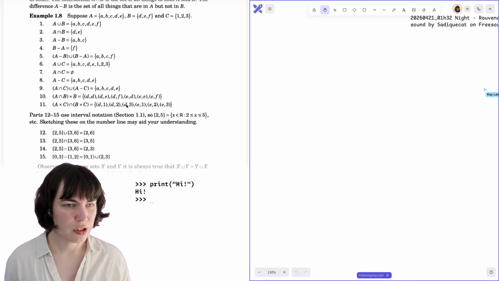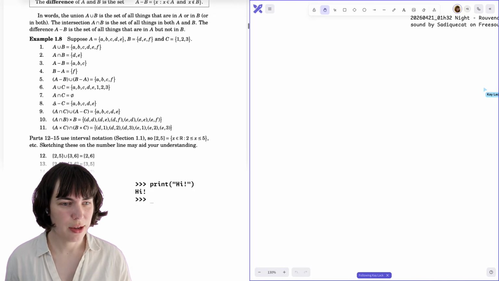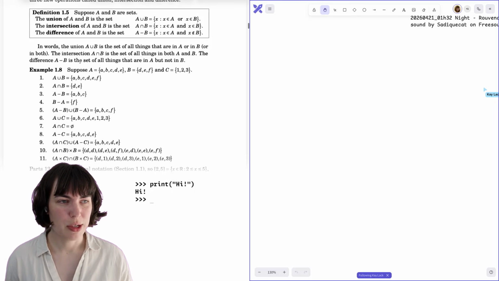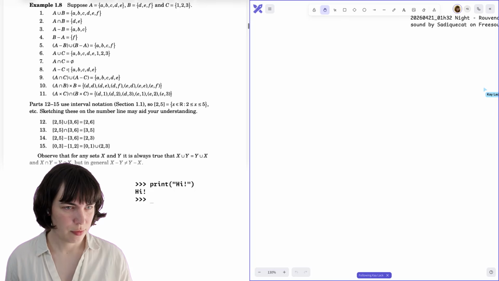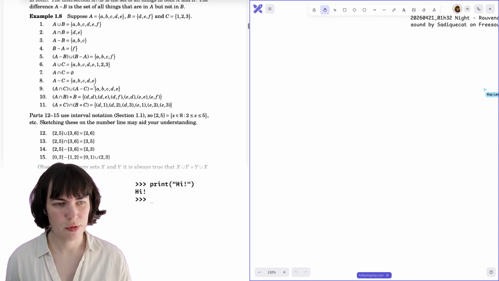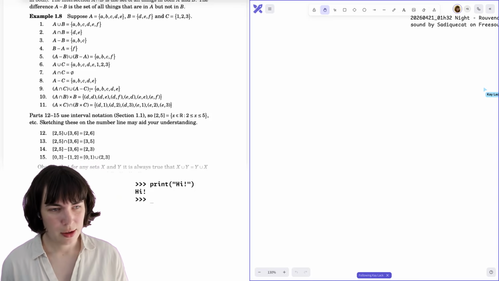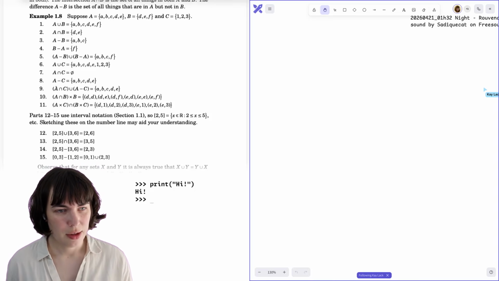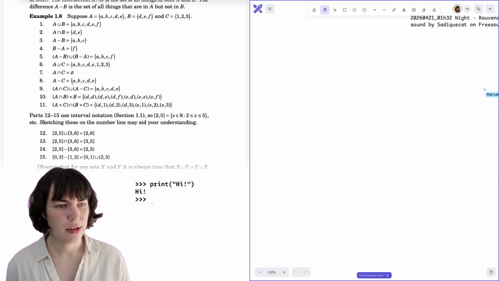A difference C, we would take everything from A and take away, well, let me remind myself. The difference of A and B is the set where it's in A and it's not in B. So everything in A that's not in C is just the same as A, so these two together, we've got the same thing.